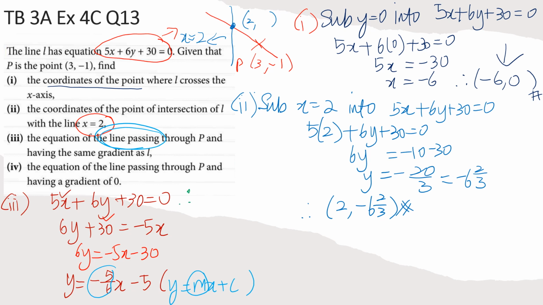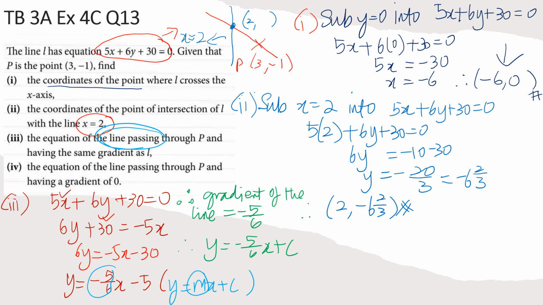Therefore, the equation will be y equals negative 5 over 6 x plus c. So c is the unknown, the value we need to find.